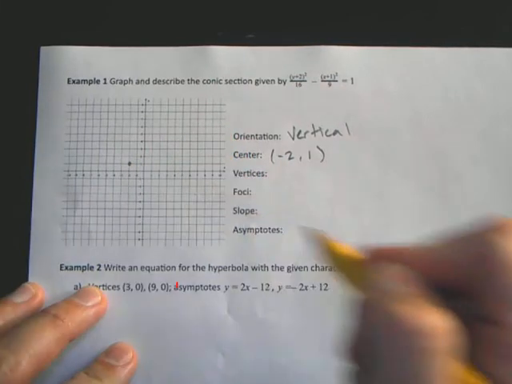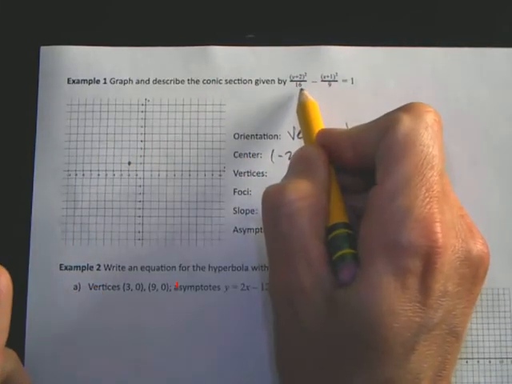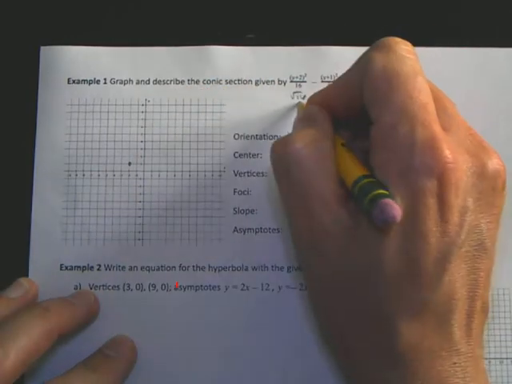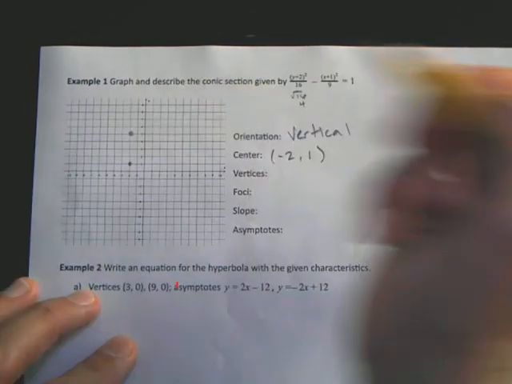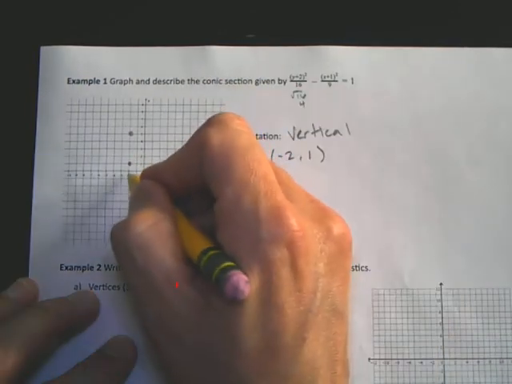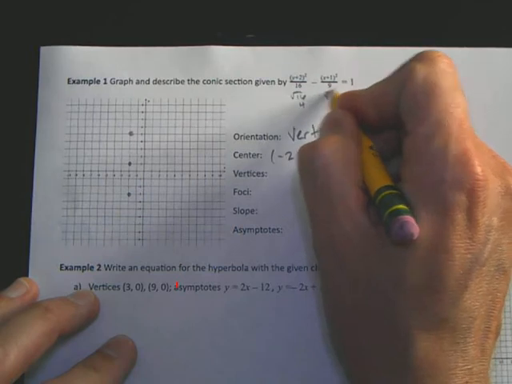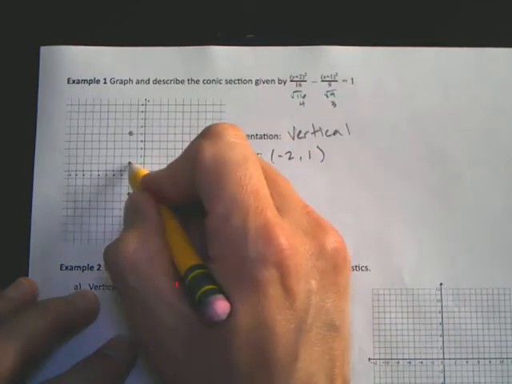The number under y is still how we move on the y-axis. So I'm still going to go up 4, because it's the square root of that number. 1, 2, 3, 4. And I'm going to go down 4. 1, 2, 3, 4. The horizontal distance is 9, which you take the square root and get 3. So I'm going to move 1, 2, 3, 1, 2, 3.